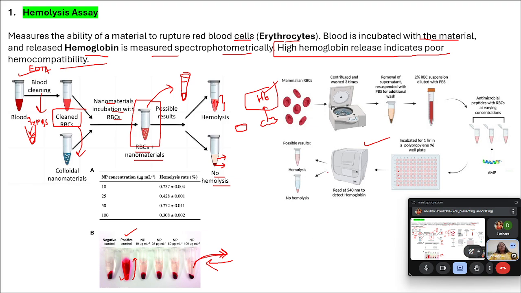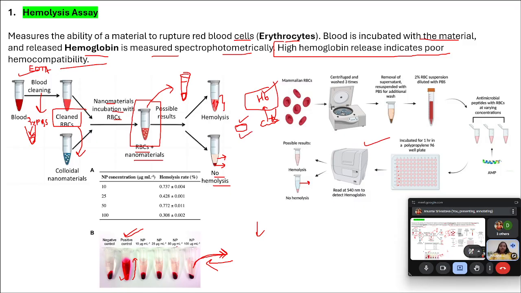If your nanoparticle is causing hemolysis, there will be high absorbance of hemoglobin. More absorbance corresponds to more hemoglobin, and more hemoglobin means the red blood cell has undergone lysis. But if the absorbance is very low compared to the control group, you can say that RBCs are not undergoing lysis; it is mostly intact.